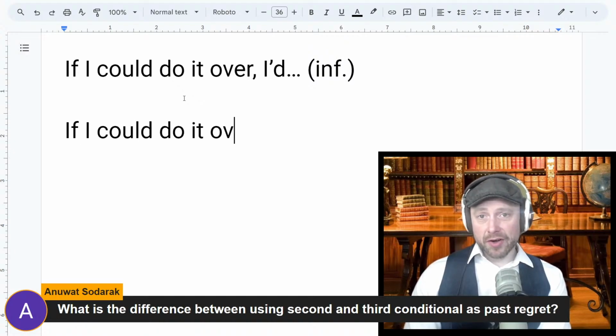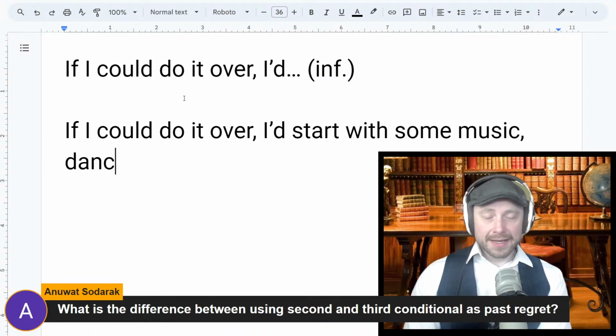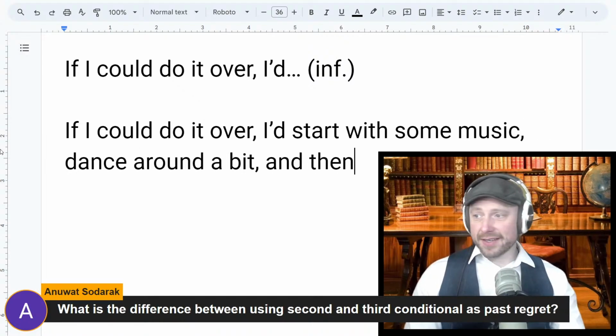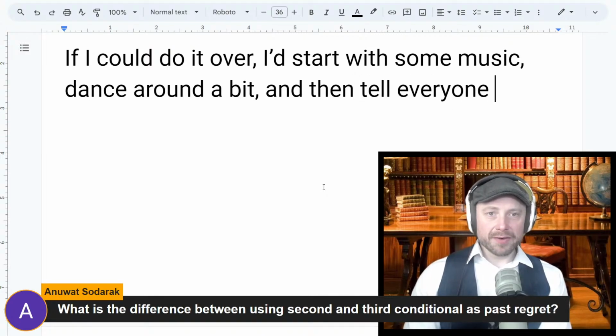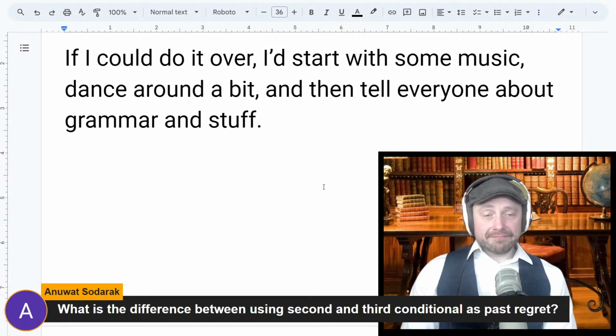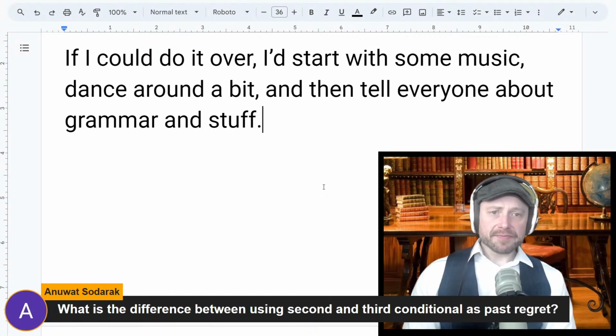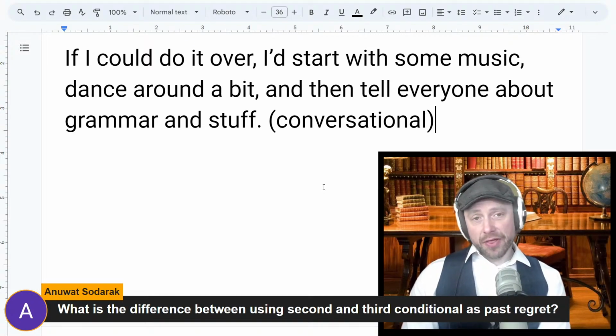If I could do it over, I'd start with some music, dance around a bit, and then tell everyone about grammar and stuff. It's a way of representing regrets. There's nothing wrong with it at all. Sounds perfectly natural. We could argue that it's a little bit more conversational than the third conditional possibility.